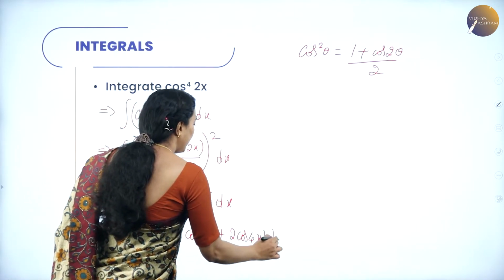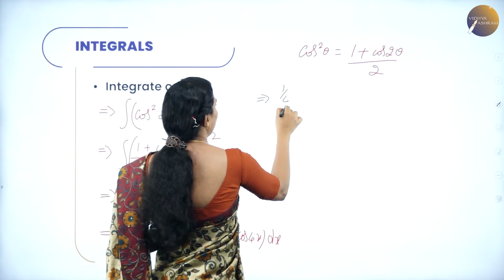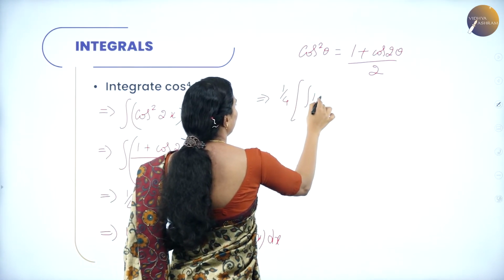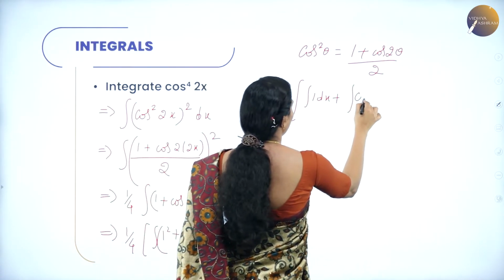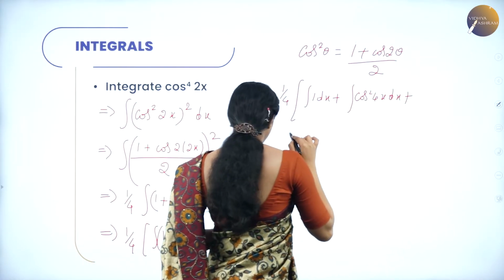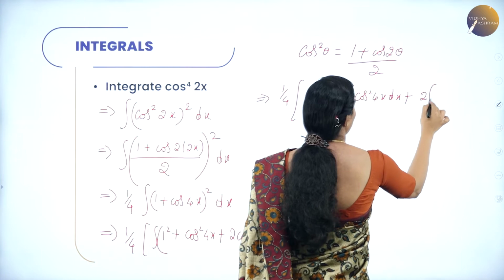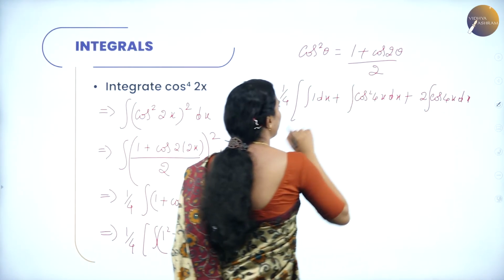Now again separating this integral, we are getting 1 by 4 into integral of 1 into dx plus integral of cos squared 4x into dx plus integral of 2, which will be outside, cos 4x into dx. Again this is in the form of this only.